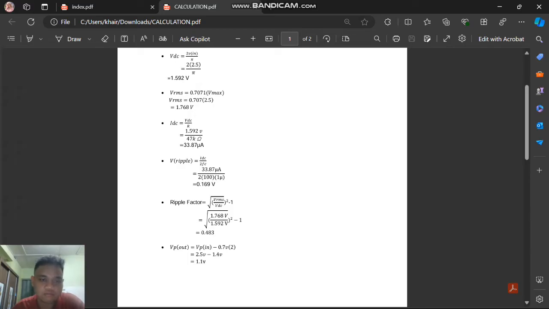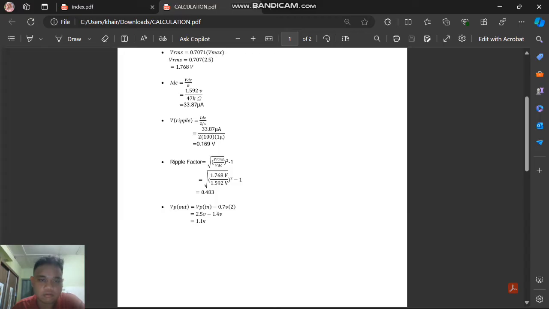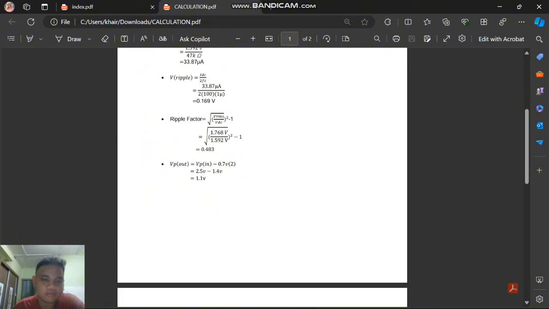For the ripple factor, we use the formula square root of (VRMS over VDC) squared minus 1, and we get 0.483. For Vout, we use the formula Vp in minus 0.7 multiplied by 2, and we get the Vout for calculation as 1.1 volt.